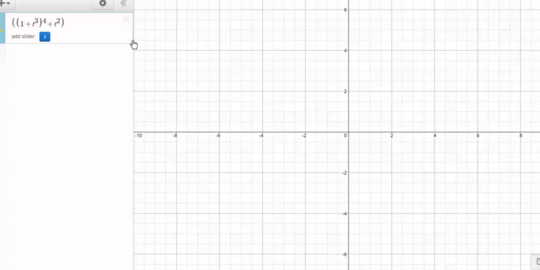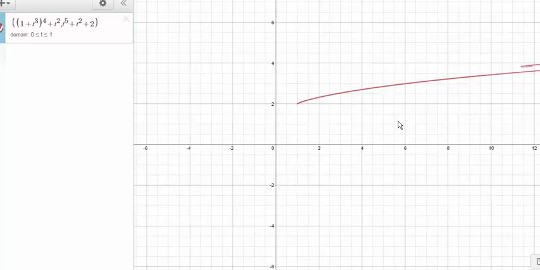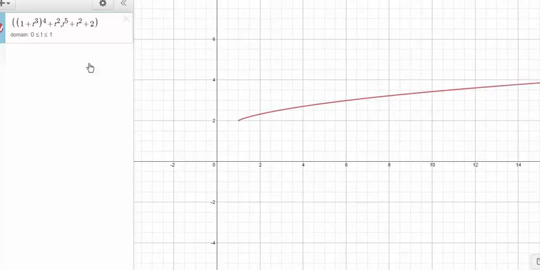That's our x value. Our y value is t to the fifth plus t squared plus 2. So this right here gives us our parametric curve. And now we get to pick what t ranges from. So I'm going to go from 1 to 2.